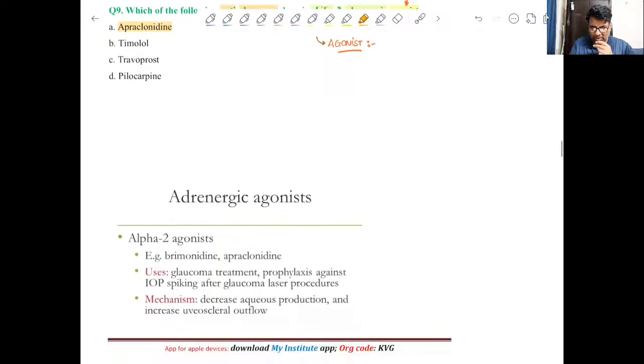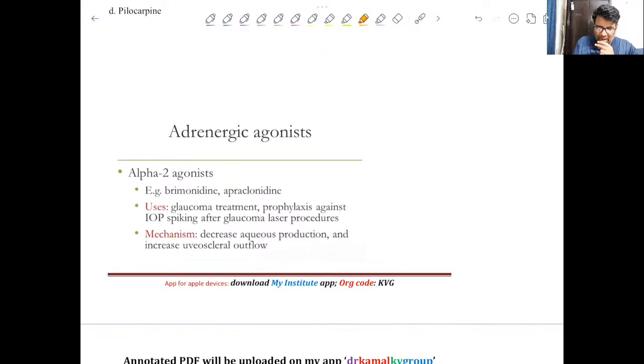Okay, so apraclonidine is an alpha 2 adrenergic agonist, and it is helpful in glaucoma patients because it promotes uveoscleral outflow of aqueous, and it also decreases the aqueous production from the ciliary body.